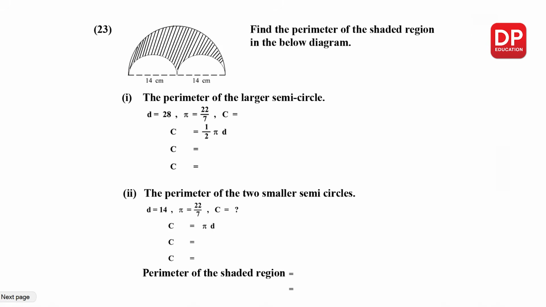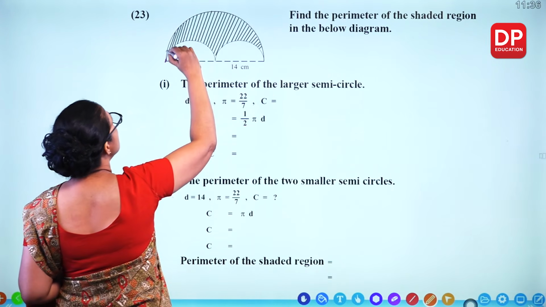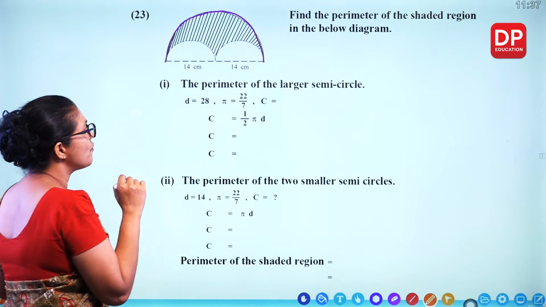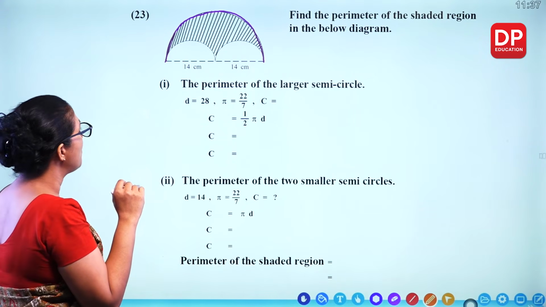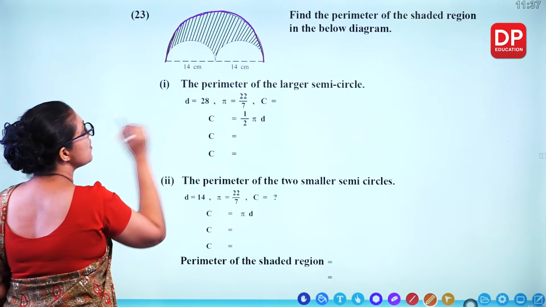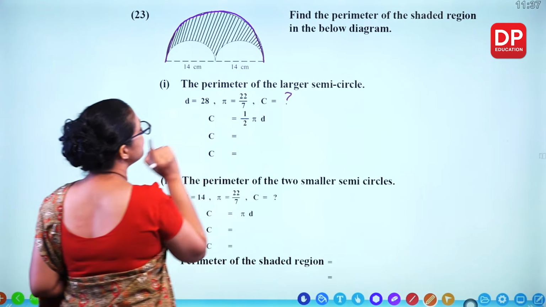Find the perimeter of the shaded region in the below diagram. So we'll first find out the circumference of this part, half of a circle, the semicircular part. What's the diameter there? 14 and 14, 28. So C you need to find.